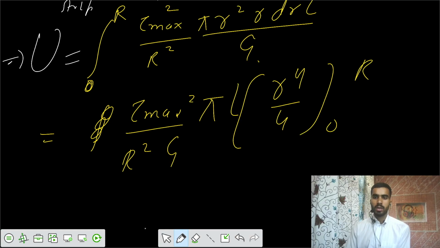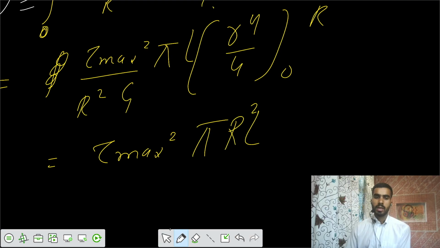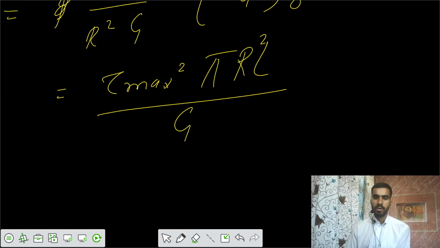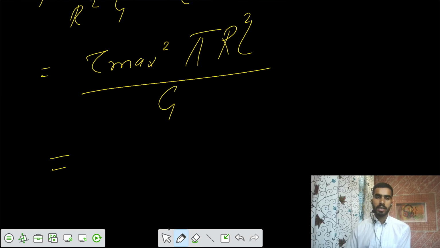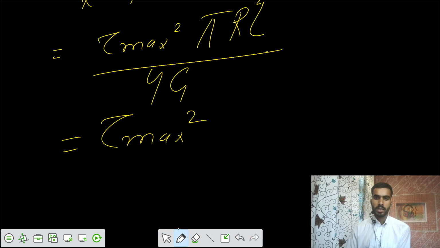So the value comes out to be tau max square pi L R square, capital R square, divided by G. If I take that in terms of volume, you also have 4 here, so you get tau max square volume divided by 4G.